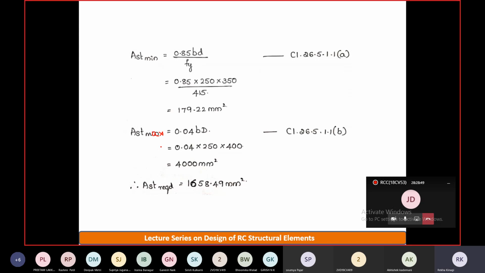So AST minimum we will calculate using clause number 26.5.1.1.